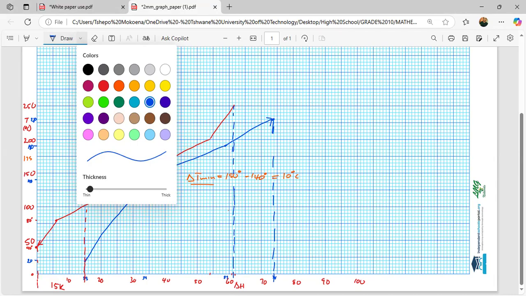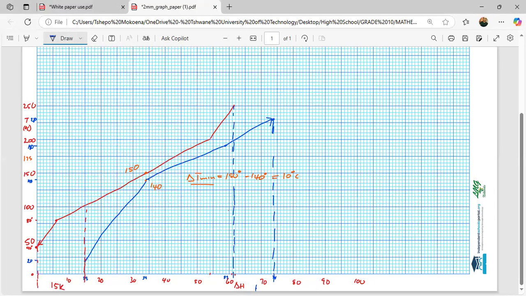By the way, this is 61.5. I still remember that. And then this is 70, 71, 72, 73, 74. We're going to say 74 minus 61.5, we get 12.5. And on this side, we get 12.5, right?